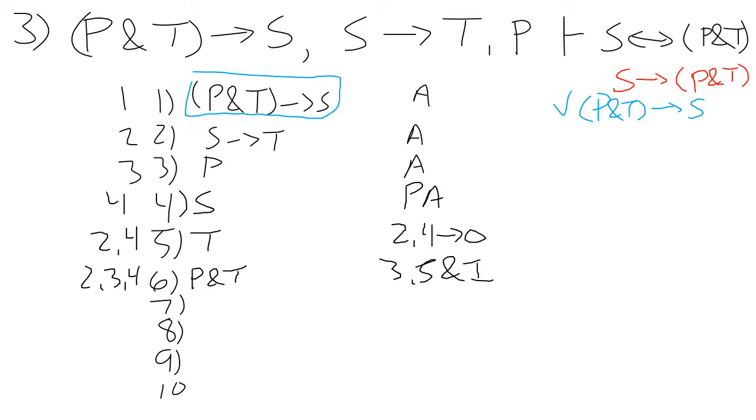Now we've got P and T. It depends upon our PA and 4, so we can, not P, sorry, it is S arrow P and T. So that's from 3 and 6, arrow in. Remember, with arrow in, you drop out the PA that's associated with it, so we won't write the number 4 there. Now we've got the other conditional statement we're looking for, so we just double arrow in.